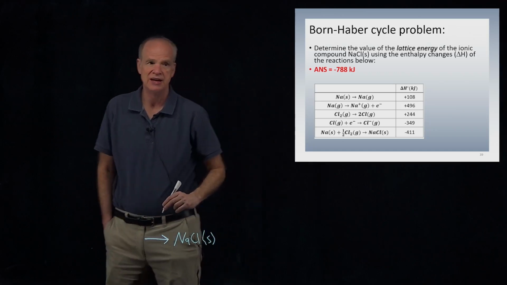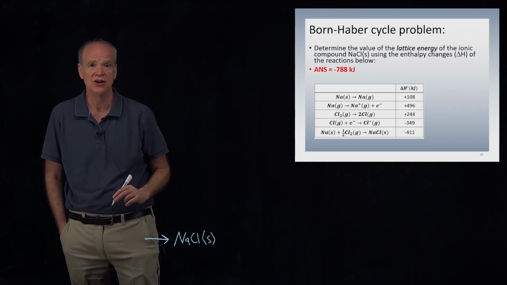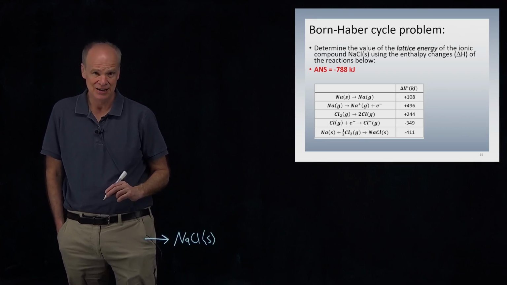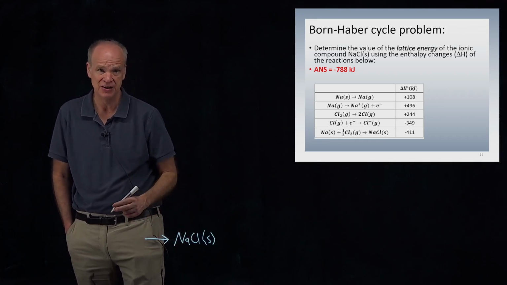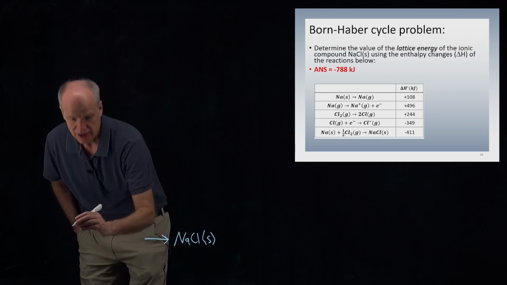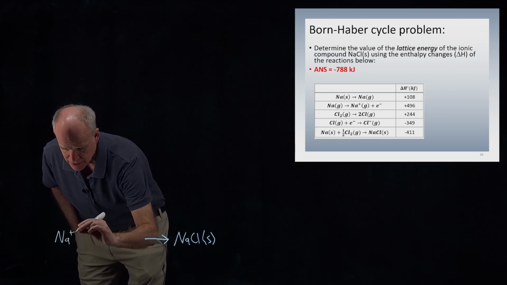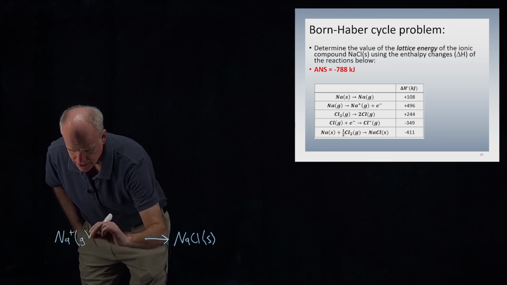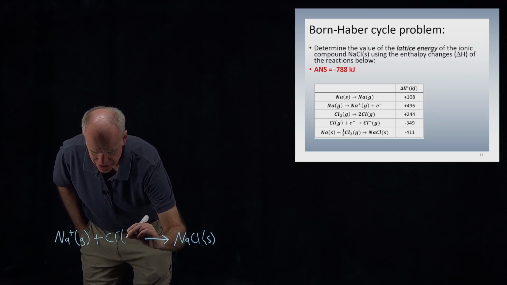Okay, now for equations describing lattice energy, you may recall that what we're doing is bringing together ions in the gaseous state. And so the ions we're going to bring together here are the sodium ions and the chloride ions. So let me write that out. So we're going to have sodium ions here in the gaseous state, and we're adding to them the chloride ions in the gaseous state.